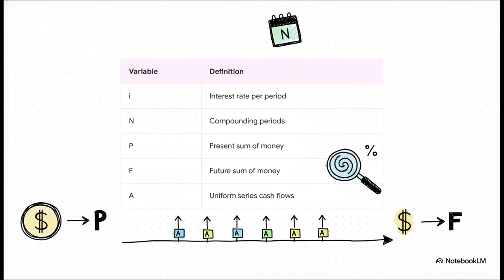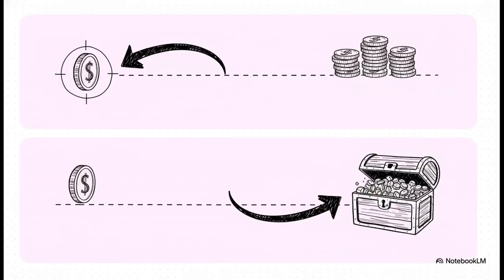Literally, every engineering economy problem you're going to face will use some combination of these exact 5 variables to slide money back and forth along that timeline we just mapped out. So it all boils down to mastering the difference between present worth and future worth. When we talk about present worth, or P, we are calculating the equivalent value of one or more future cash flows, but we're pulling them all the way back to our reference point today, year 0.